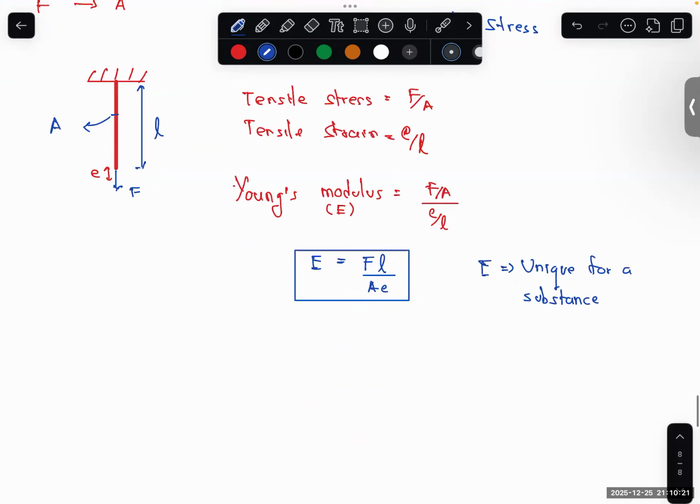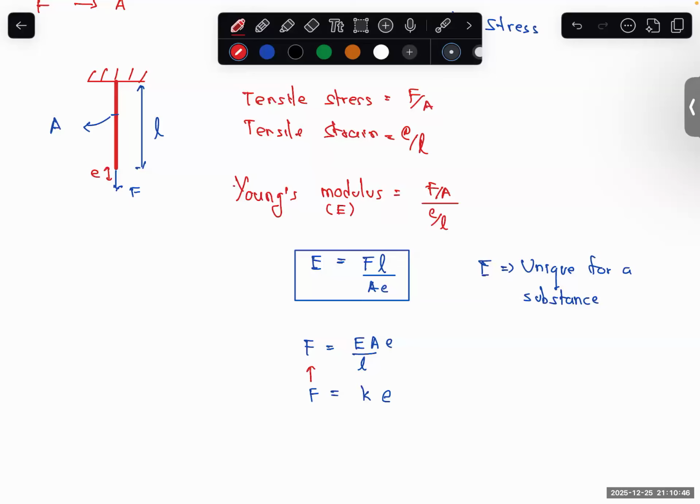Now, if you make F your subject, what you get is EAE over L. You remember this equation also, F is equal to KE. Both equations are the same. Both can be written for the same object. Now, what do you see?